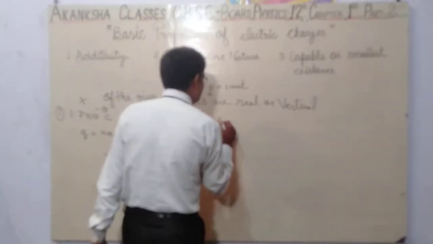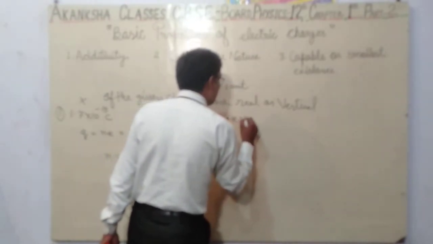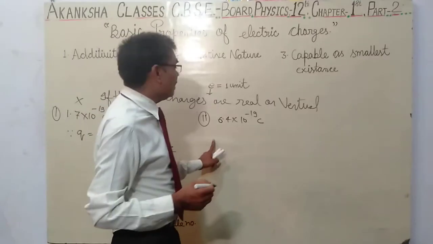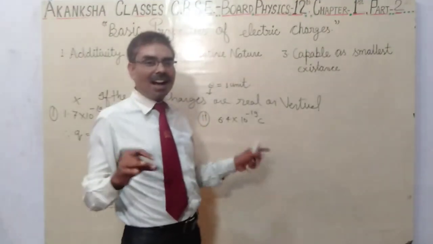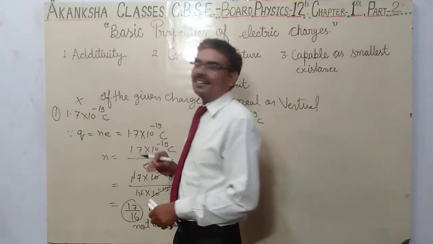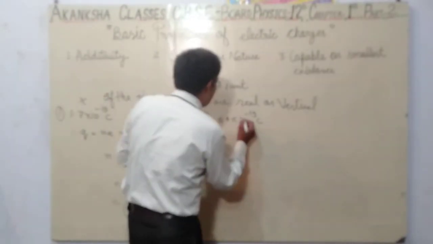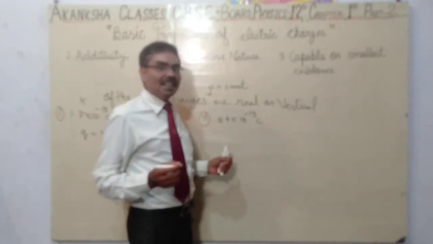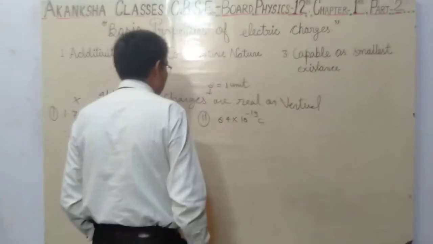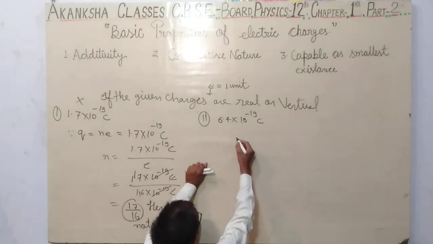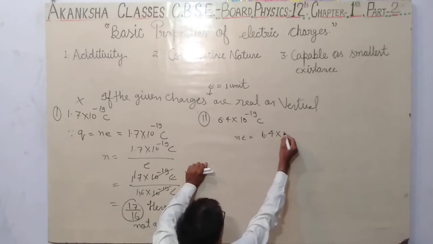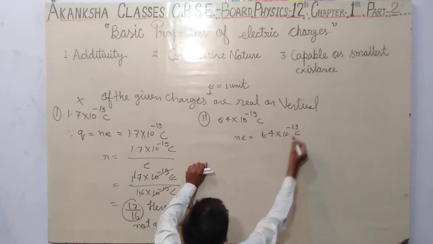Further, 6.4 into 10 power minus 19 coulomb. In second example, we have to check if the given charge is virtual or real. Charges exist in the form of integral multiples of electron charge. Hence N E equals 6.4 into 10 power minus 19 coulomb.